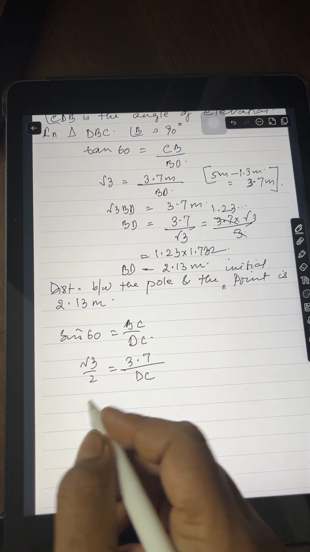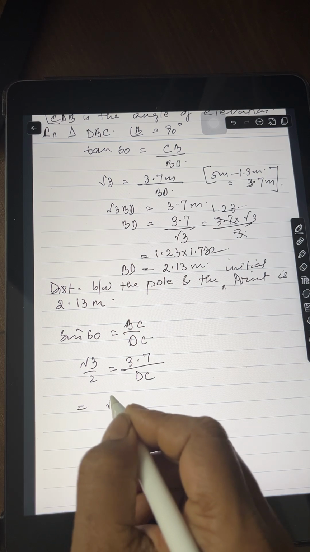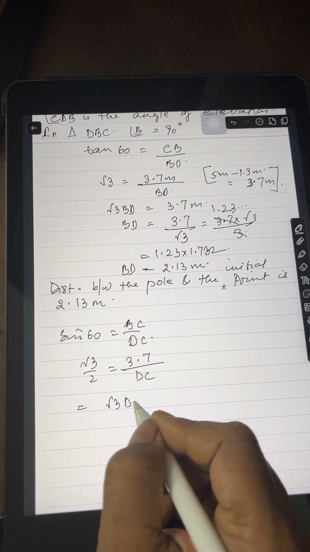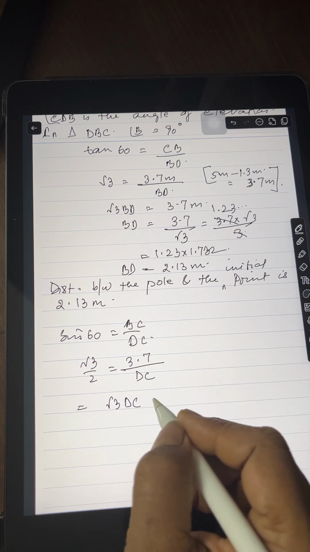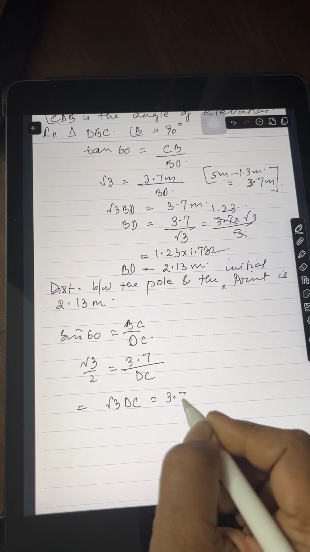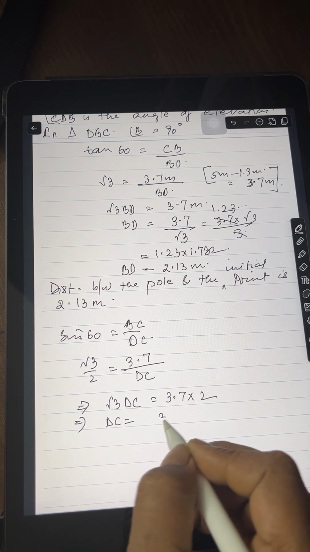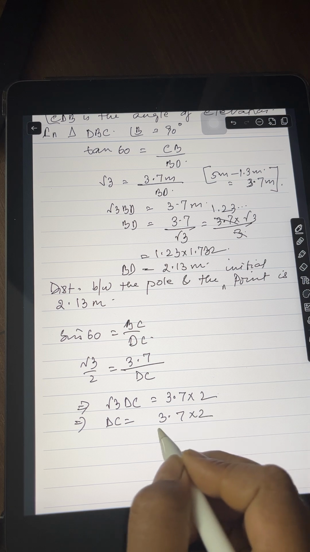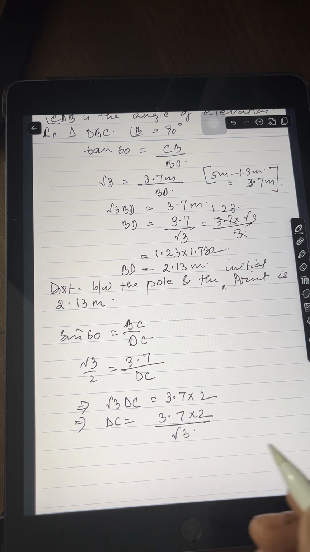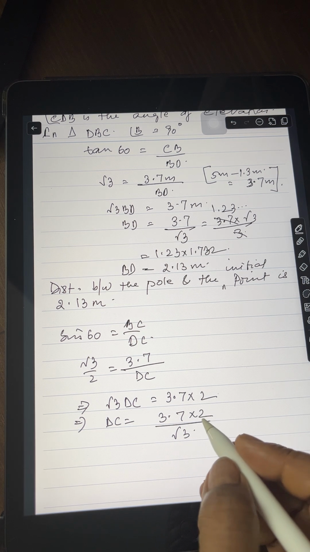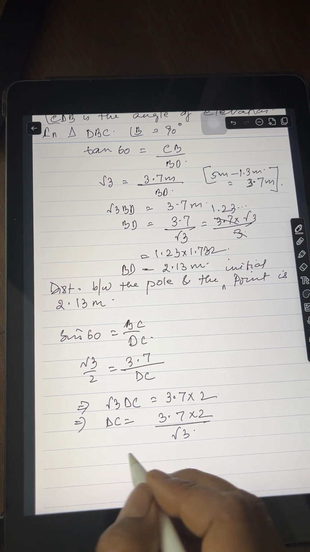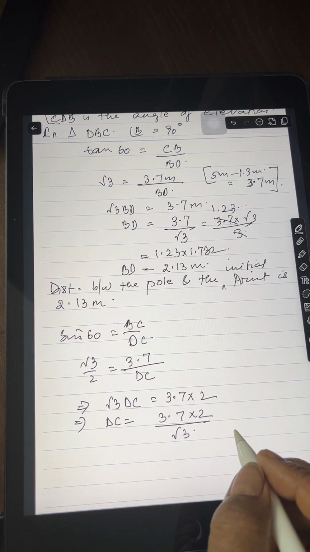Okay, now you cross multiply: root 3 DC is equal to 3.7 into 2. So DC is equal to 3.7 into 2 by root 3. So root 3 is 1.732 again.